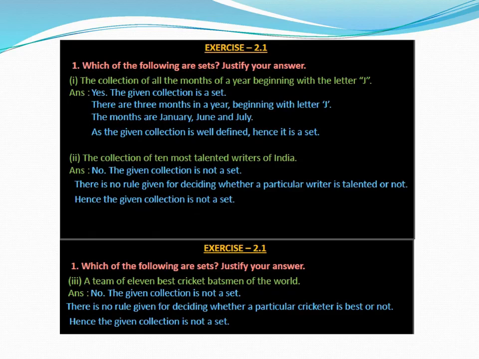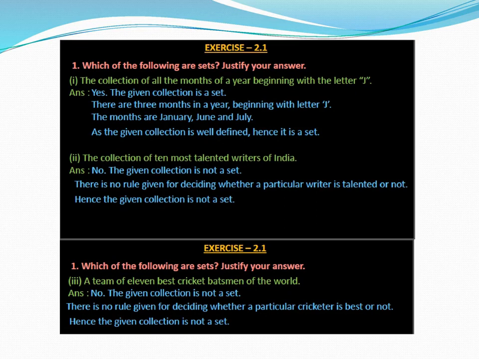Now we can solve the second problem in the first section. The collection of 10 most talented writers of India. Students, terms like smart, talented, clever, intelligent, etc. cannot be defined or measured.